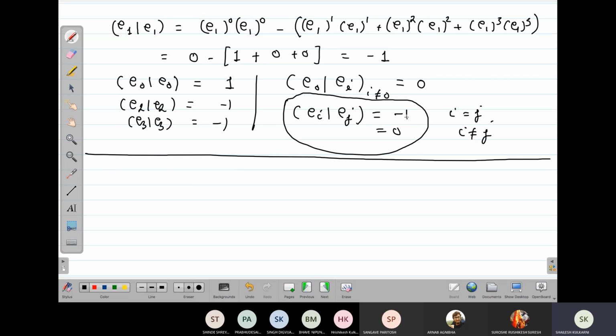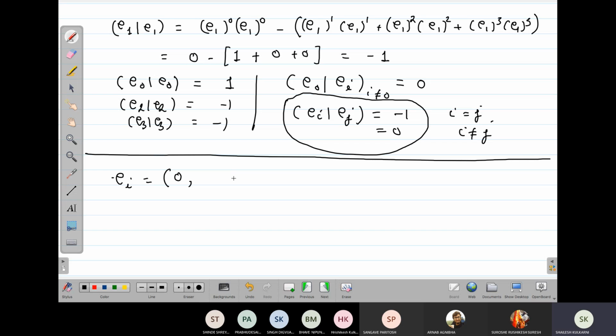I and J are not zeros, they are different from zero, so I and J take values 1, 2, 3. So your Ei will always be of this form: the first entry will always be zero, and the rest will be zeros except at the ith position.